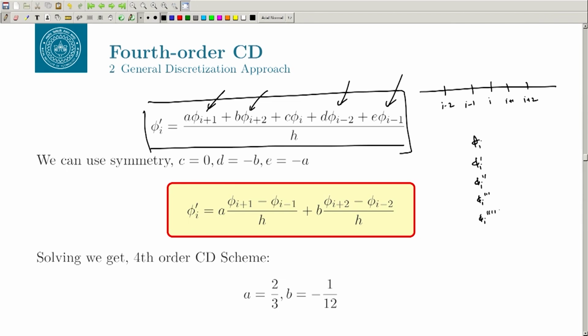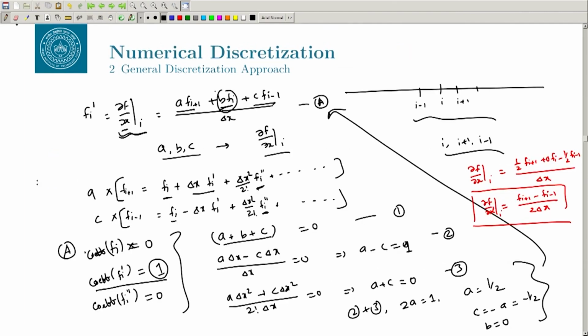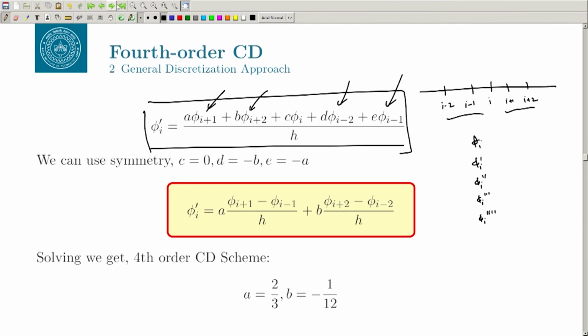A smarter way to solve that is basically to use the symmetry, right, if you have points on either side. Okay. In that case, for the first order derivative, like we have done for this case, if you recall, the central point coefficient goes to 0, right. So, if you use that symmetry, C will become 0, okay, and A will become minus D and B will become minus E, right.